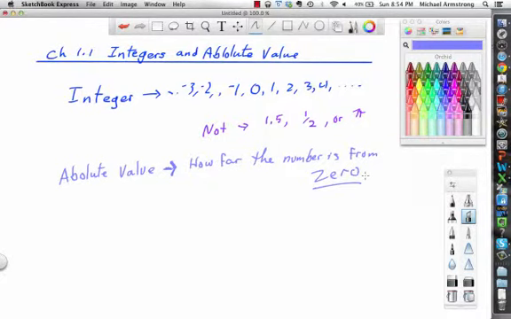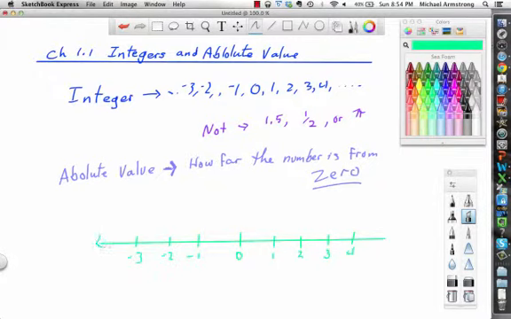Okay, so for instance, if we get out a number line and I go ahead and I mark it with some numbers. Okay, go back to this. So this is like 0. We have 1, 2, 3, 4, -1, -2, and -3.